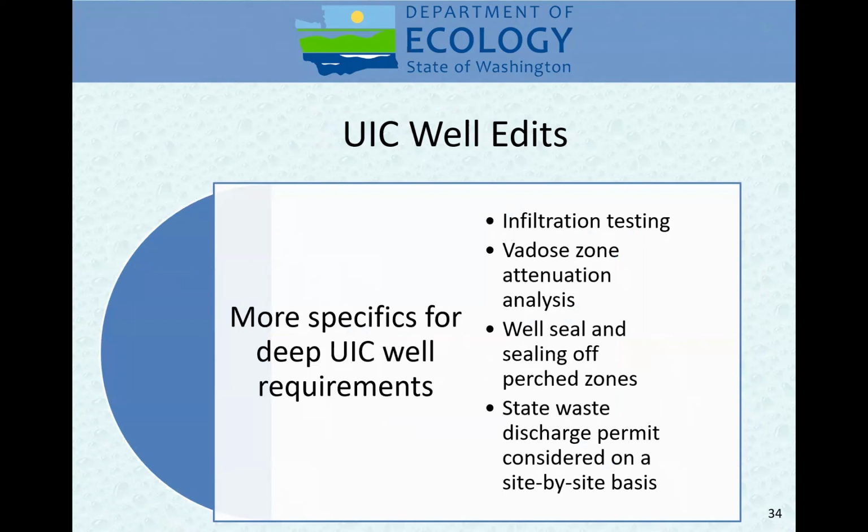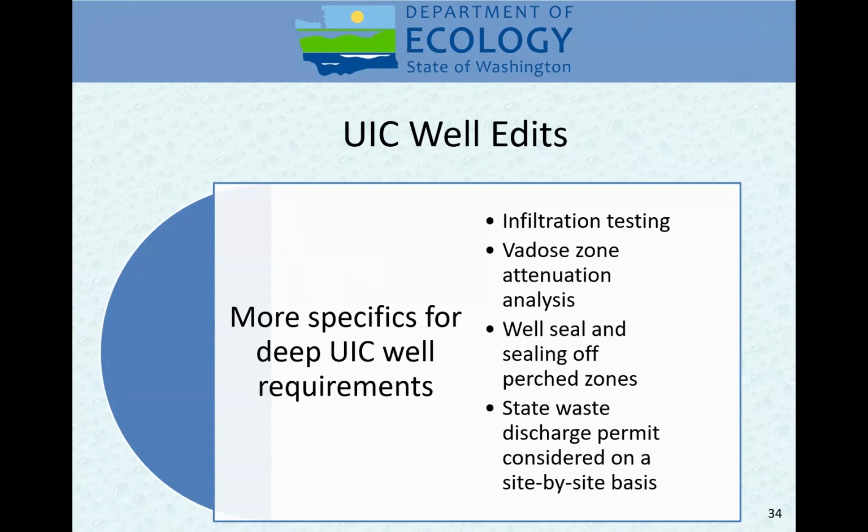Now, you may think deep UICs are UICs that are 20 feet or deeper. That is not the definition of a deep UIC. A deep UIC is a UIC that breaks through the upper confining layer. So the upper confining layer may be 3 feet down, and you may put a UIC that's 10 foot deep there into the aquifer.